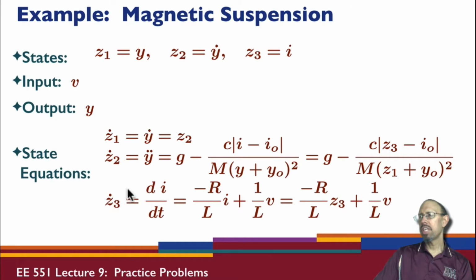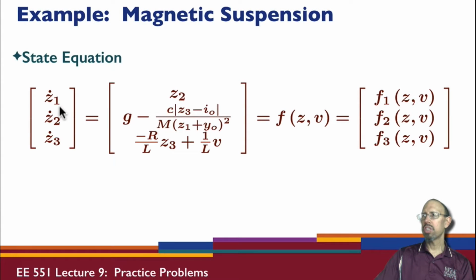Then I have the inductance equation, L di/dt, which I can solve this way, and this gives me z3 dot in terms of z3 and v. So I can write the first derivative of all the state variables in terms of only the state variables and the input.